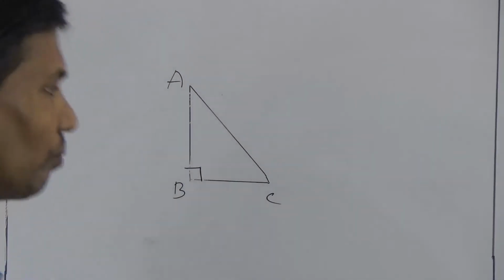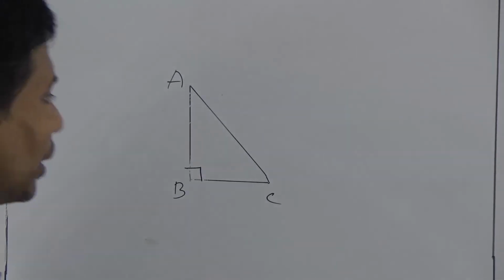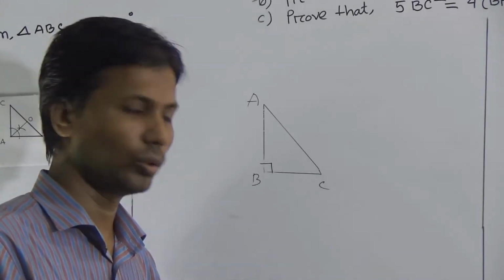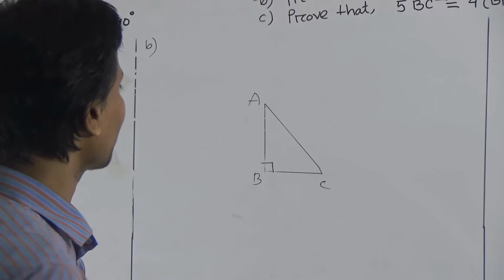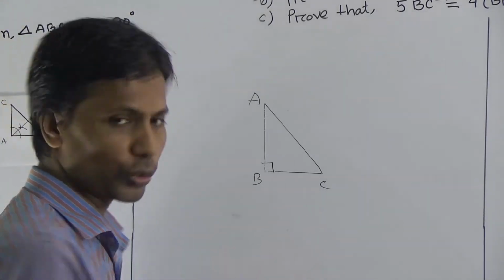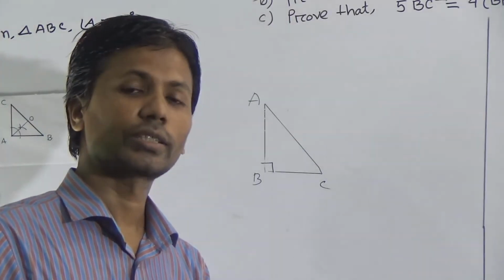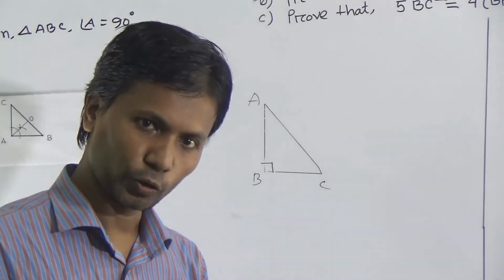There is a renowned theorem about the right angle triangle. The Pythagoras says that the square of hypotenuse is equal to the sum of the square of the other two sides.